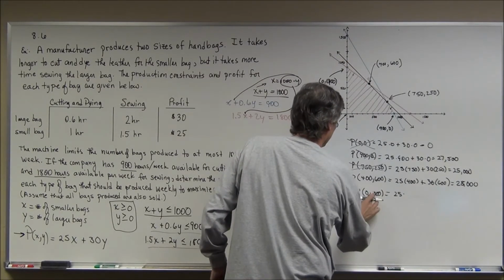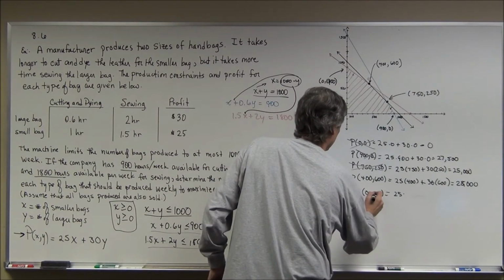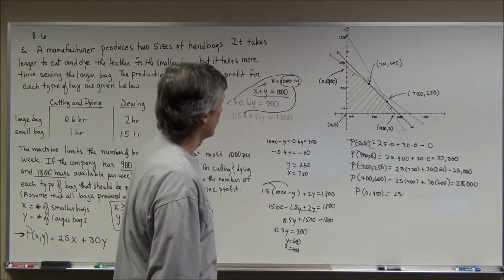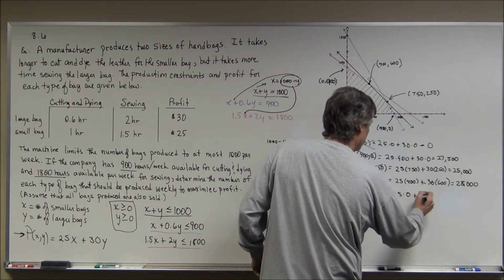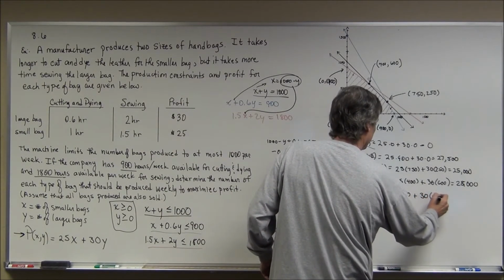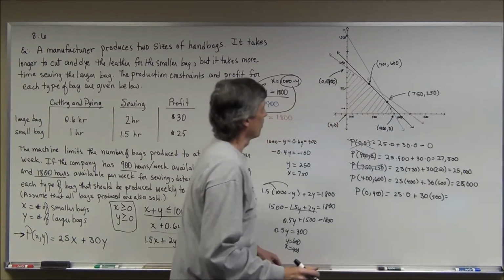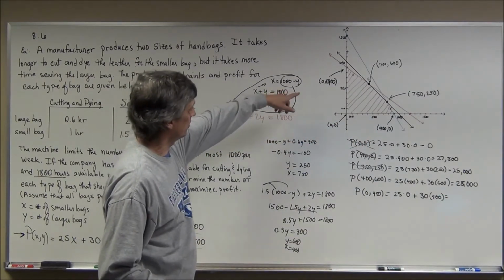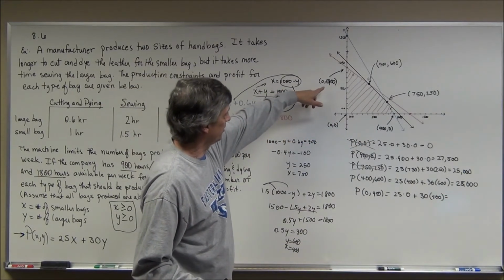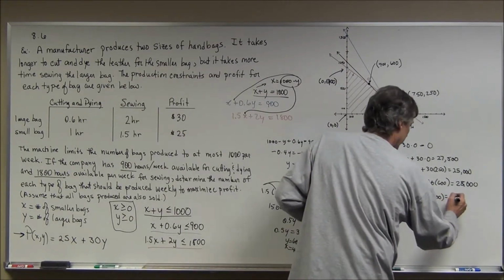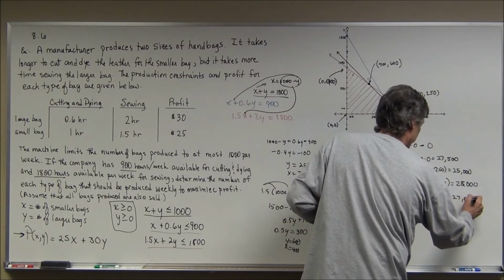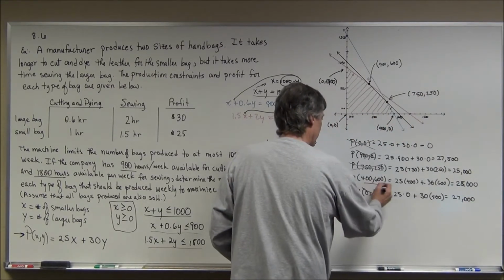My goodness. I almost did all that work and I would have had the wrong answer. So now this would be times 0 plus 30 times 900. I wonder how many of you watching me do this were talking to the video and saying, no, you did it wrong. That's not 1,000, it's 900. Well, I found it now. And that is 27,000. So there's our guy.